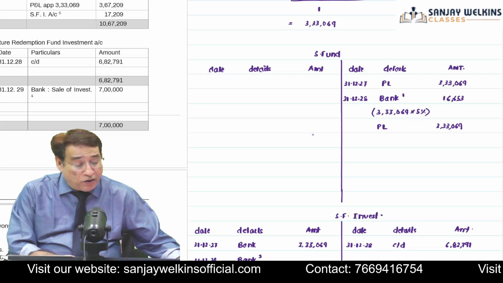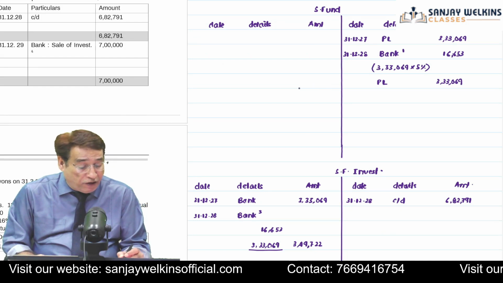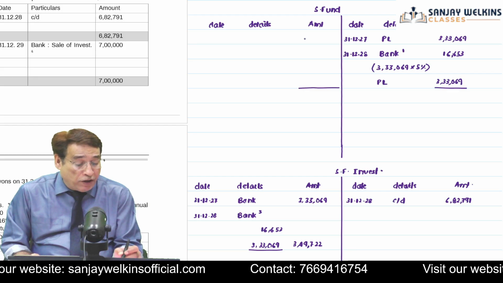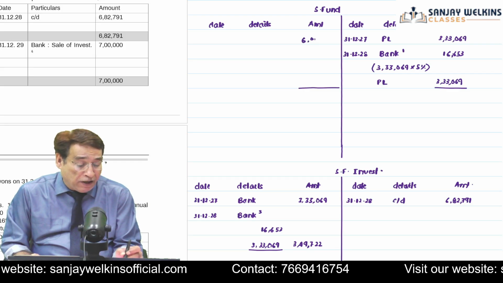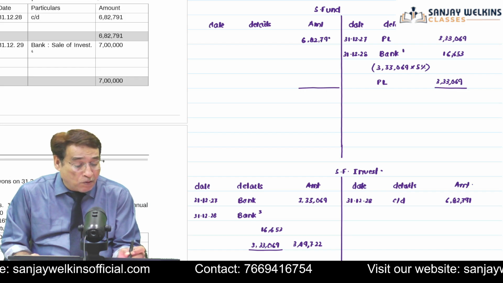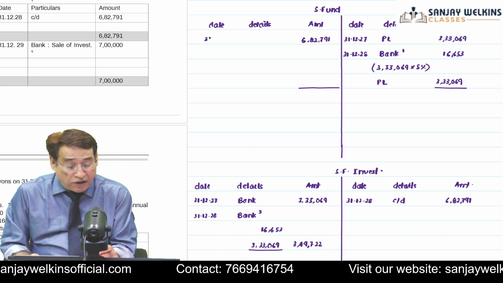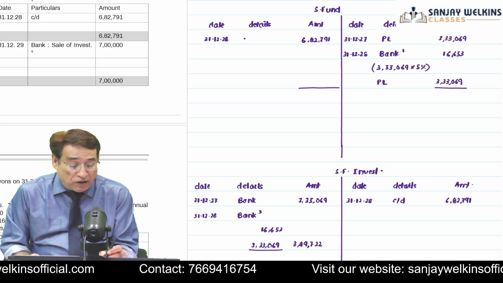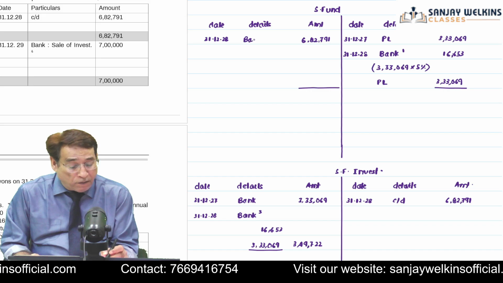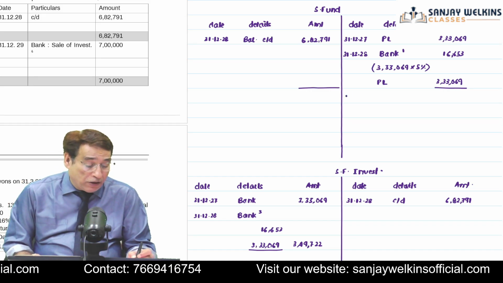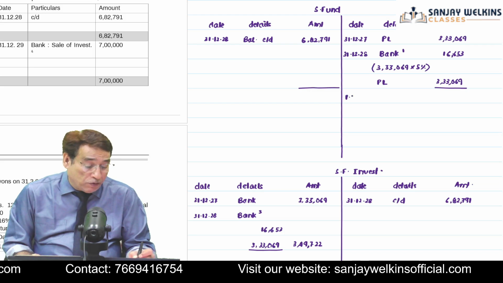Similarly, you are going to balance your sinking fund account also. When I balance, we are going to get the same figure, 6,82,791. I will be writing here 31st of 12/2028, and this is balance carried down. Now here I am going to write 1/1/2029.